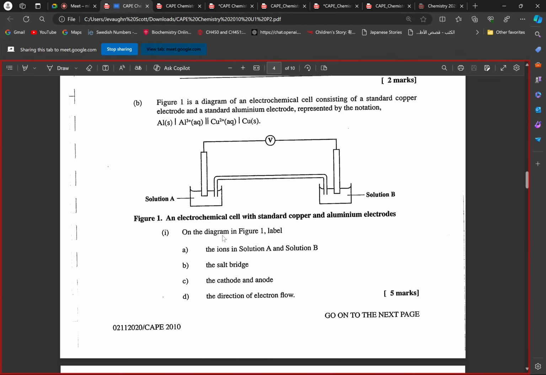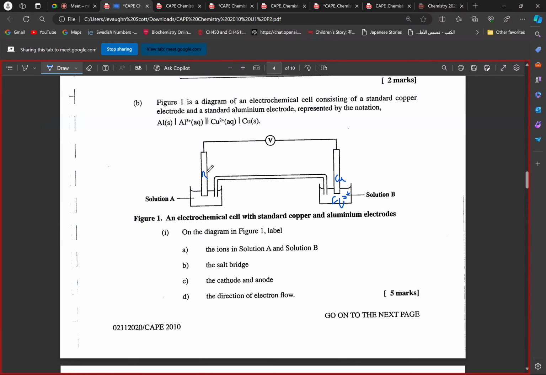So basically what we're going to do here on figure one is label this. Where is the cathode and the anode? If this is copper, then this is copper 2 plus. And if this would be aluminium, why am I putting it like that?